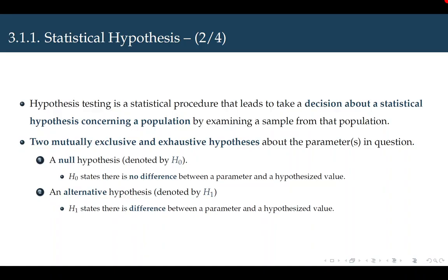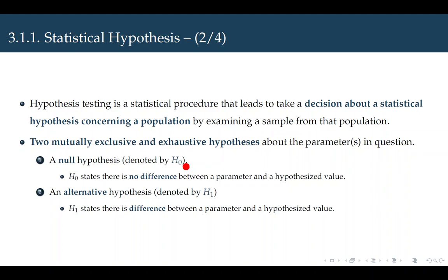So there are two mutually exclusive and exhaustive hypotheses about the parameters in question. One of the hypotheses is said to be the null hypothesis, which is usually denoted by H0. Now, this null hypothesis states there is no difference between a population parameter and the hypothesized value.